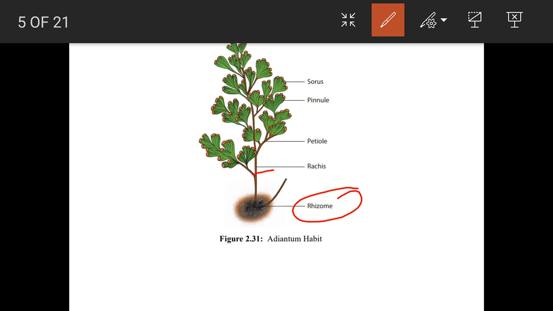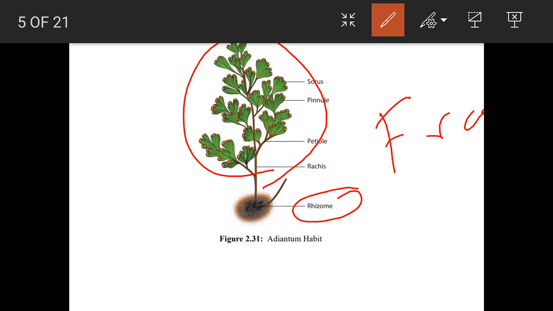The second part is the leaf. Here the leaf is said to be a frond, F-R-O-N-D, frond. Frond means the broad, dissected leaves arising from the rhizome, especially in pteridophytes. The third part is the roots, which arise from the lower portion of the rhizome.